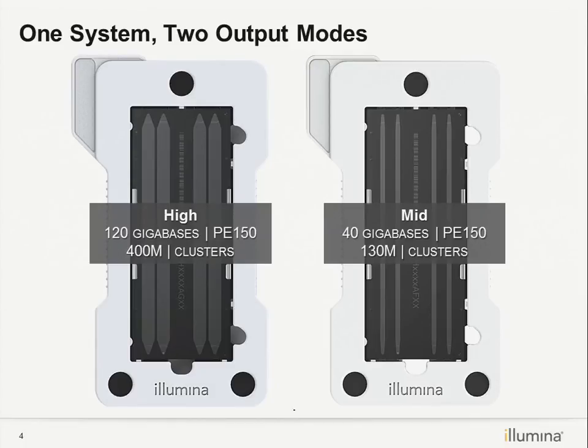Then you calculate the coverage times your sample's genome size or the target size; this is the output per sample that you need. Then you divide the total available output from the flow cell by the output per sample, and you will know how many samples you can do in one single run.